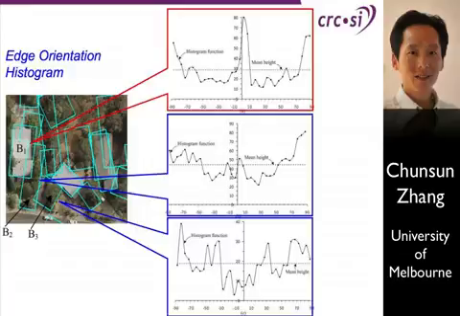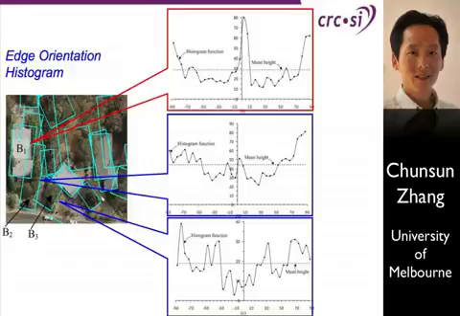This is based on the observation that buildings usually have outlines with rectangular angles. So the orientation of the edges in the histogram will show a 90 degree difference, and this is perfectly shown here. Meanwhile, we also get a lot of short edges on the trees because the tree leaves are short.